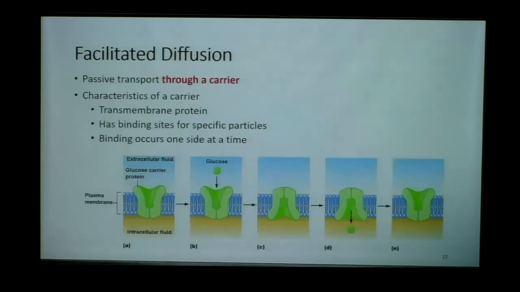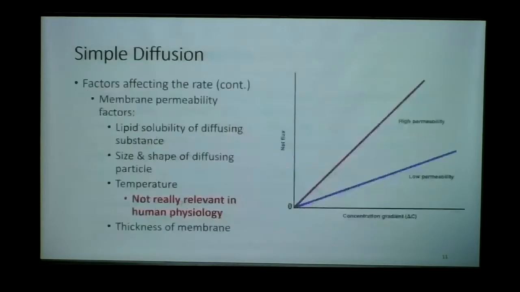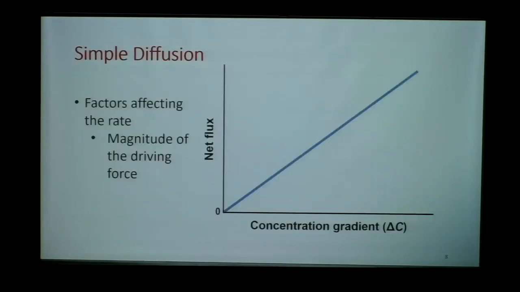Right, now this looks very different from this graph, or this graph. Here we saw that there was an indefinite directly proportional relationship. And this was simple diffusion, not being facilitated, just moving right through the membrane, no transporters, no carriers, no channels.